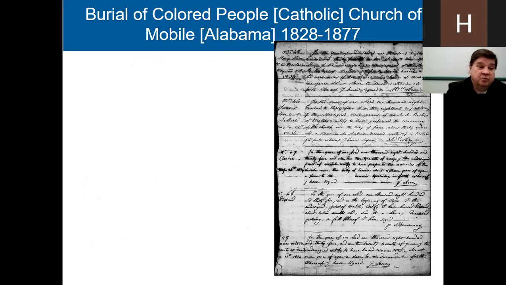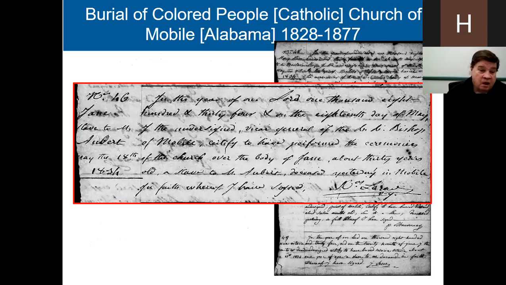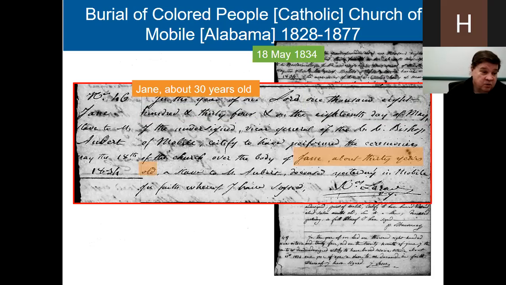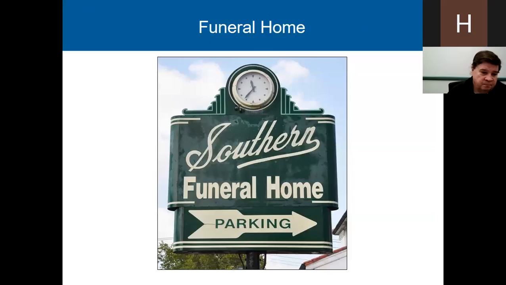Another place for death records is church records. In this case, it is the burial of colored people from the Catholic Church of Mobile, Alabama. In this case, we've got a date of 18 May, 1834. Jane, about 30 years old, a slave of Mr. Albert.